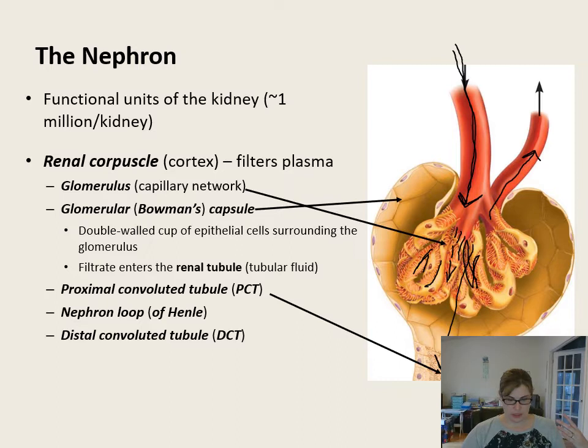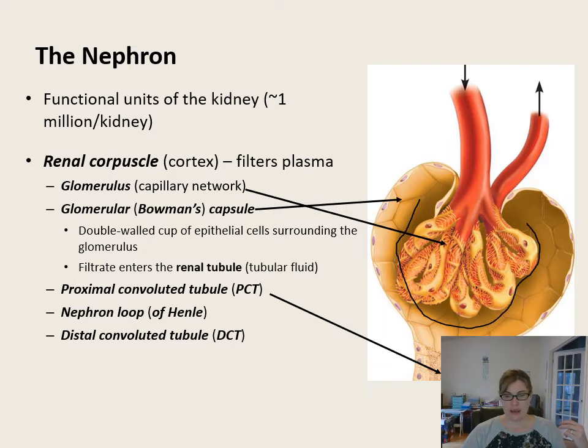So one more time, I'm going to erase this. Okay. So this capsule that captures the stuff that was filtered, which we call filtrate, is called the Bowman's capsule or glomerular capsule.